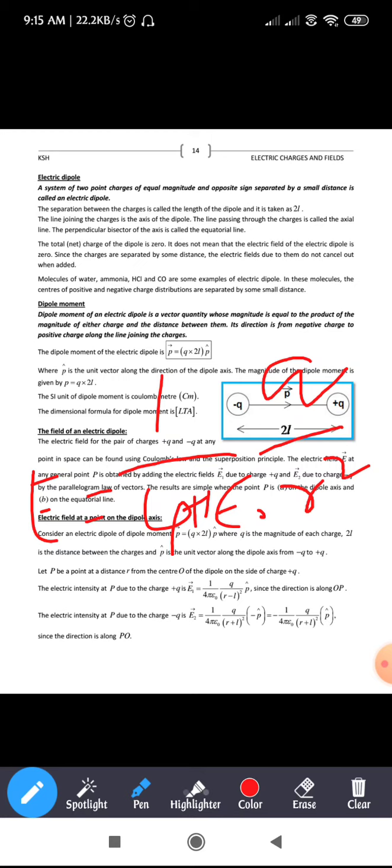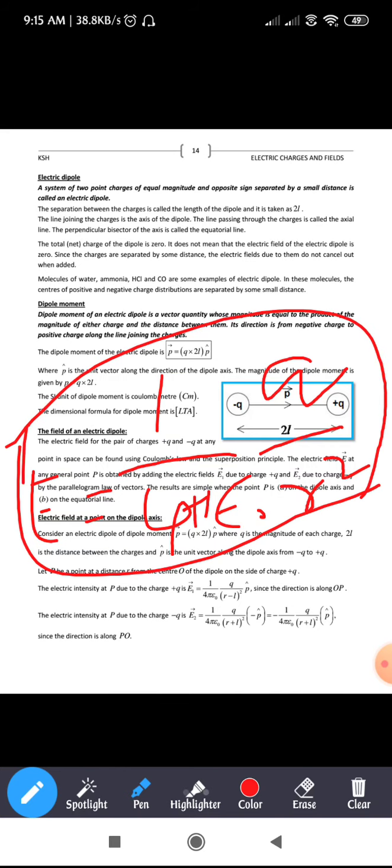Okay, so see here, just compare equation 1 I have written on the screen with the electric field at the point P due to positive charge. Almost it is the same thing, but instead of r square we have retained r minus l whole square there.